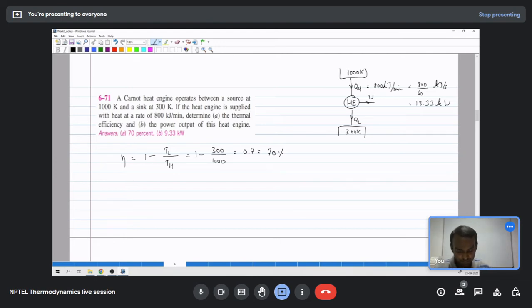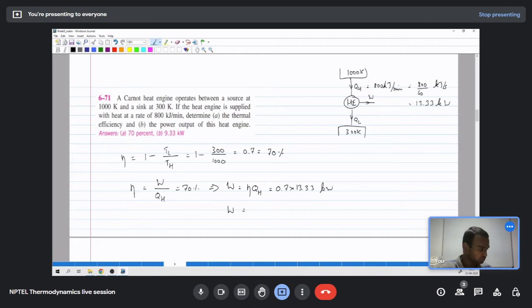And efficiency is desired output by input. So here the desired output is W and energy supplied is QH, which is 70% now, and that means W is efficiency into QH. Efficiency is 0.7 into QH is 13.33 kilowatt.